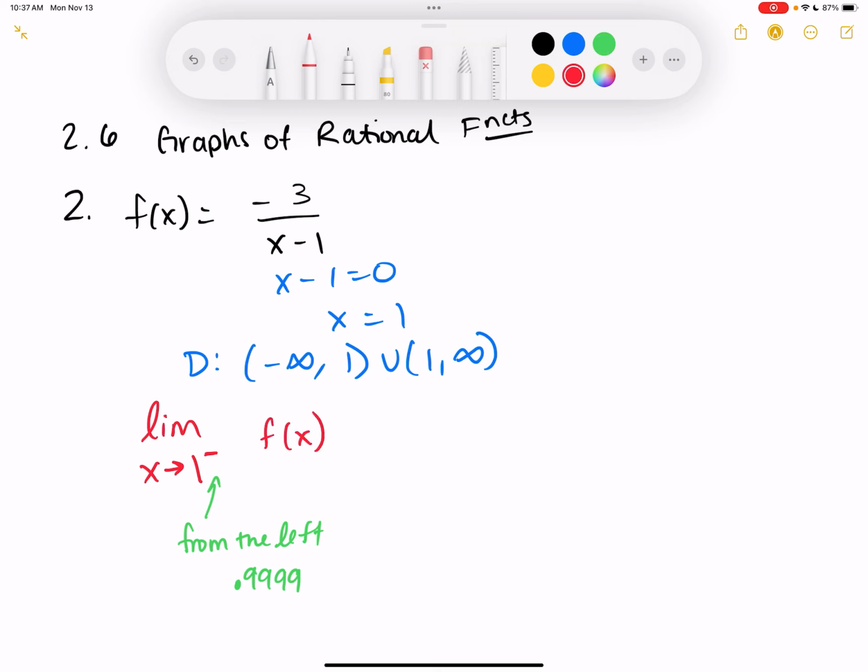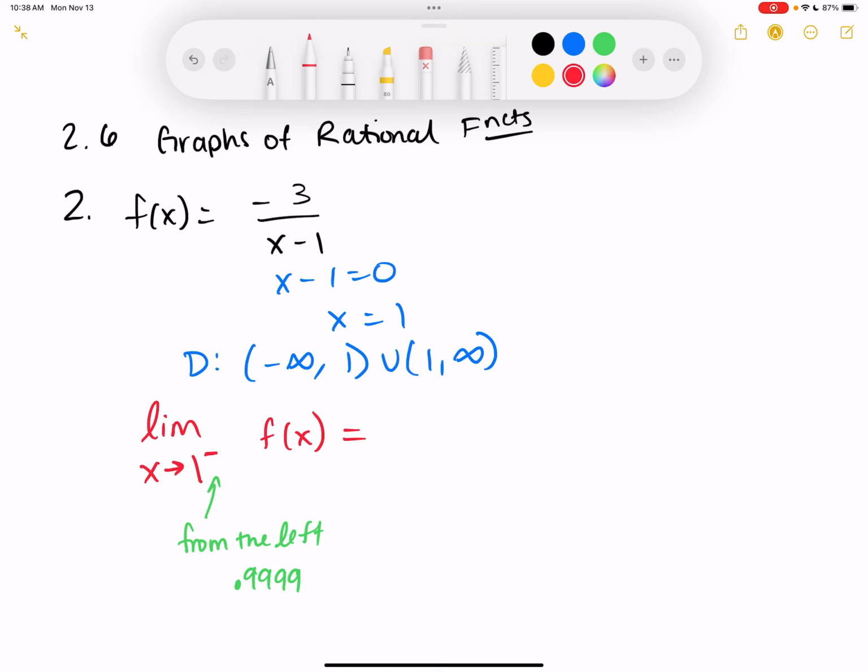And so basically, if I put 0.999999 into that function up here, what's happening? I'm going to end up with -3 over basically -0.0000000001.